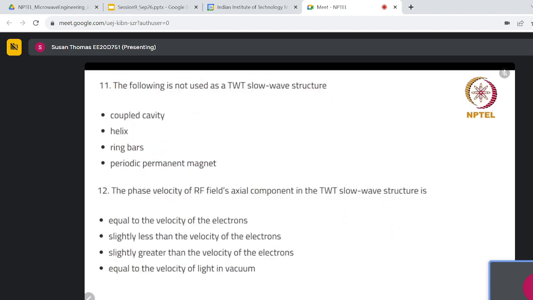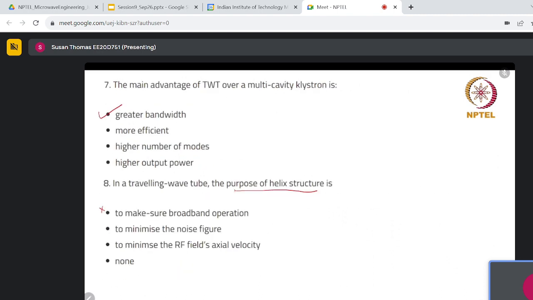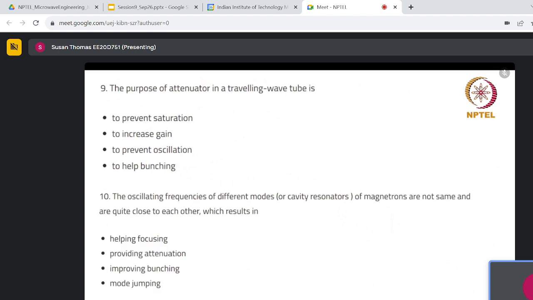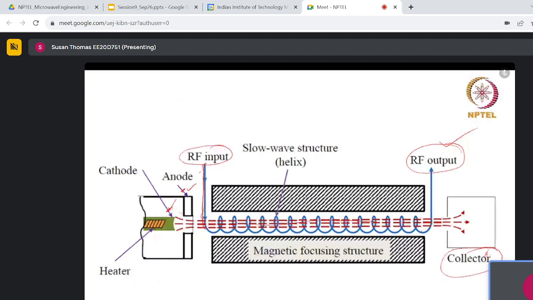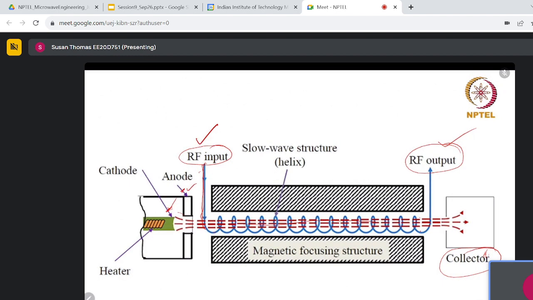So let me just go to this figure once again. So here you have a RF field which is being applied to this helix structure.